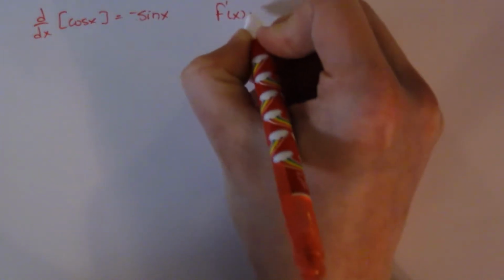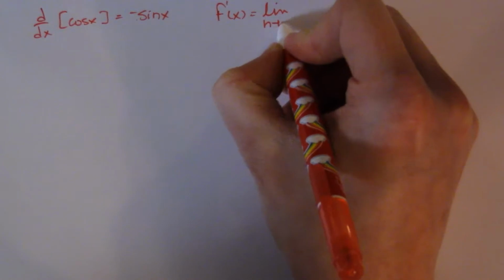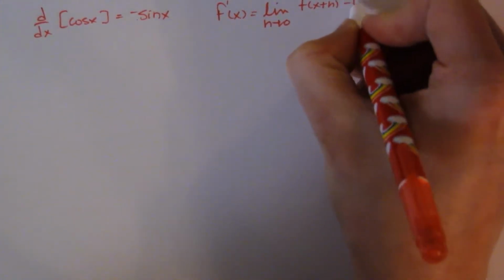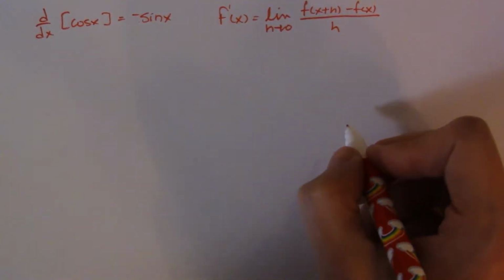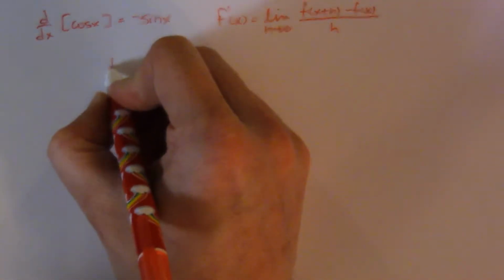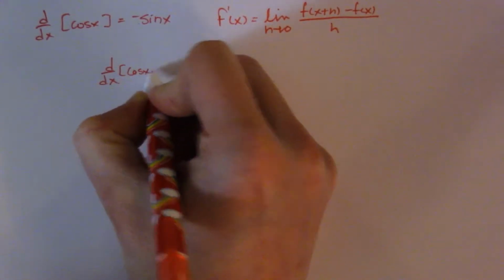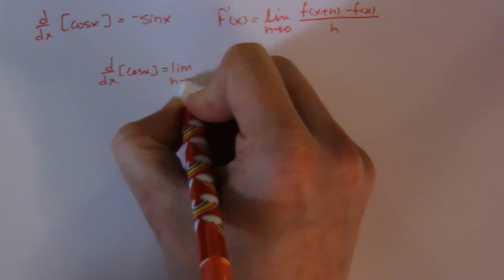So, the definition of derivative is f prime of x is equal to the limit as h goes to 0 of f of x plus h minus f of x, all over h. Alright, so let's go ahead and fill this in. I'll start with d over dx of cos of x, and then I have the limit as h goes to 0.